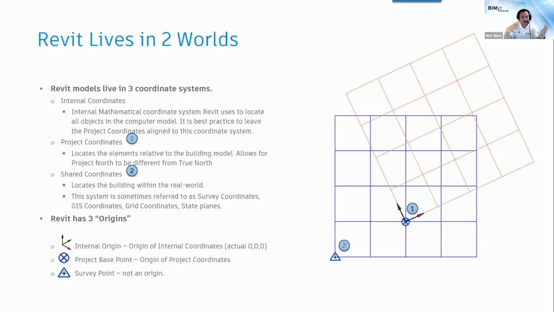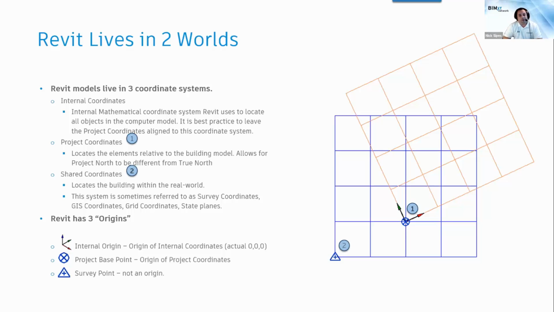The designers of Revit realized this and said, okay, we're going to create a system that lets architects put it how they want to. And then the shared coordinate system is going to coordinate it with the real world. That's going to be a reference. It's not a real grid. It's just a reference that says, okay, this project base point lives at this real world coordinate.